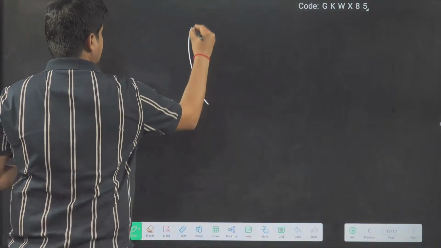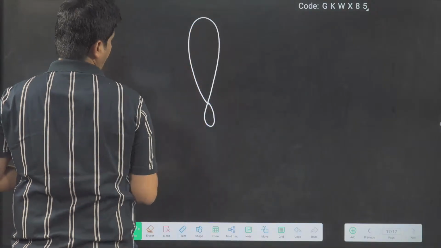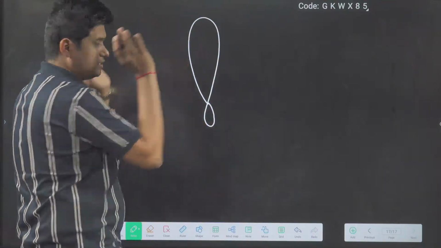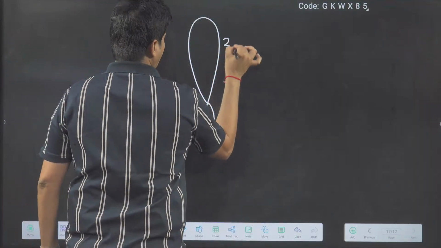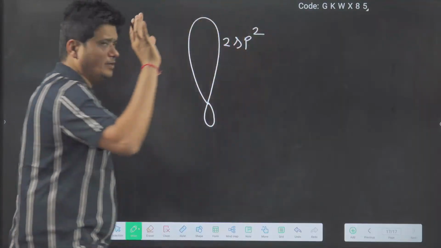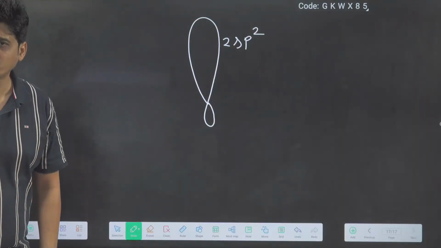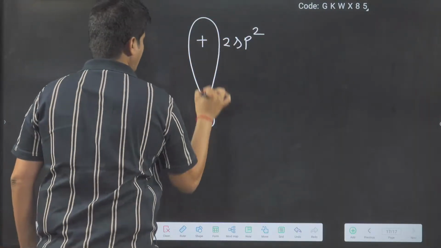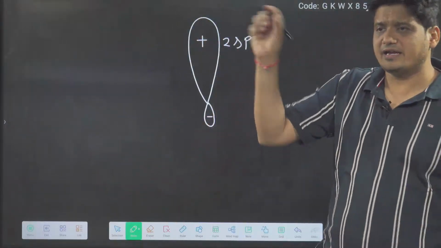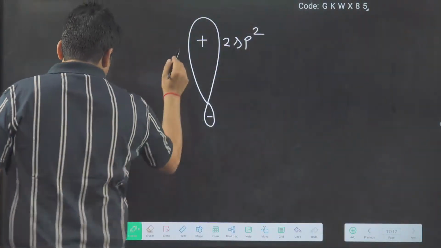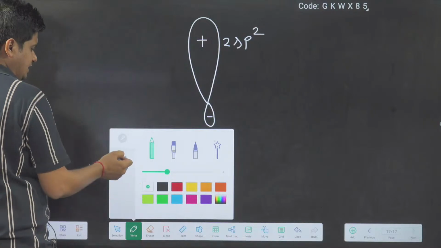So this is an sp2 hybrid orbital, let's say the first one. Total three are there. This is sp2, or as per our example, 2sp2 hybrid orbital. How many sp2 formed? 3. Big lobe plus, small lobe minus. Here also I will use different colors, so you can easily identify different hybrid orbitals. This is sp2 orbital number 1.